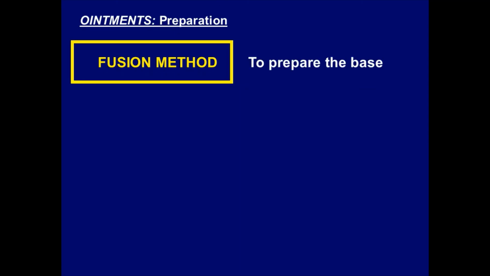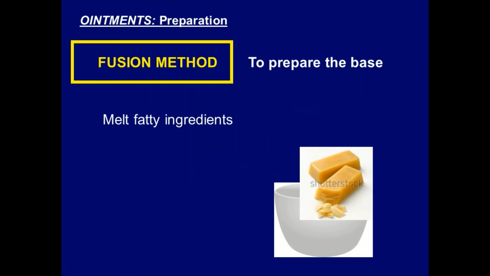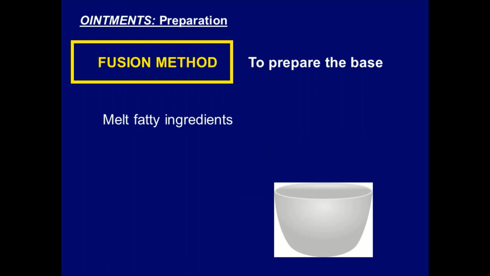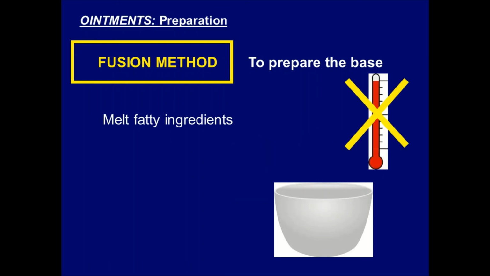In fusion method, used to prepare anhydrous ointment bases, melt fatty ingredients and take care not to overheat them. How to avoid overheating? As we said before, use a water bath and add ingredients with higher melting points first, then add ingredients of lower melting point.